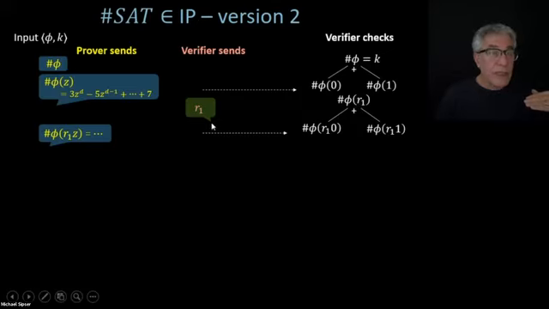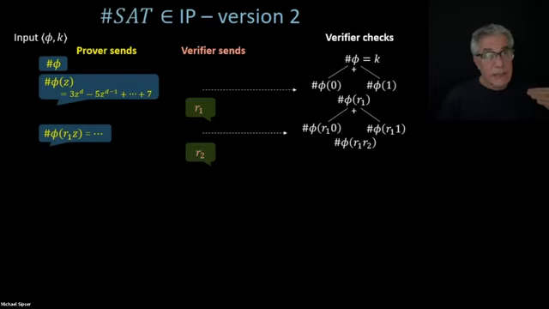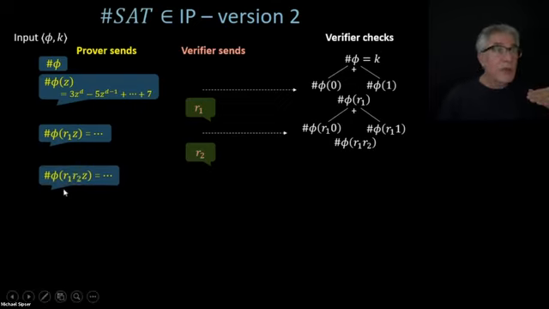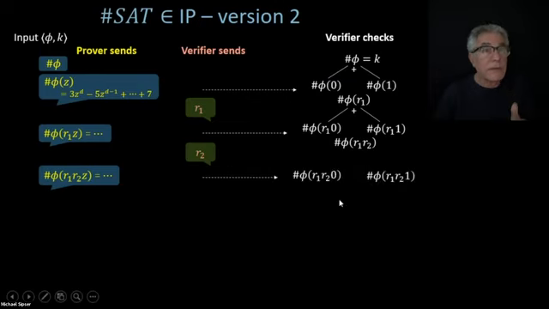And now to be sure that this polynomial is right, we evaluate it at a random place, calculate that value, and then have to see that this value is correct. So we expand it one level down further. We take a polynomial for the next variable, and we see that it adds up.